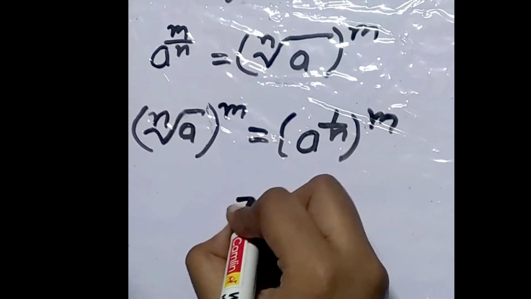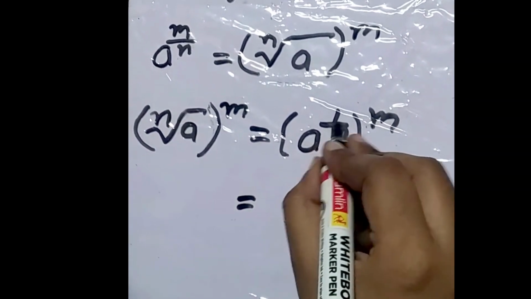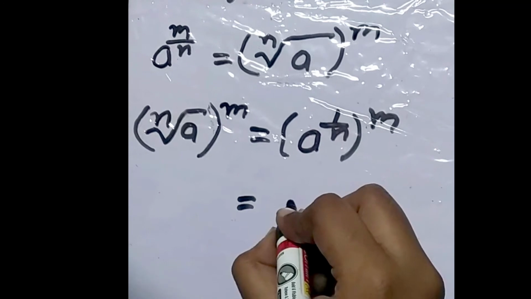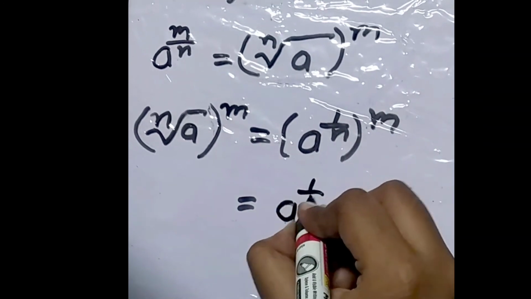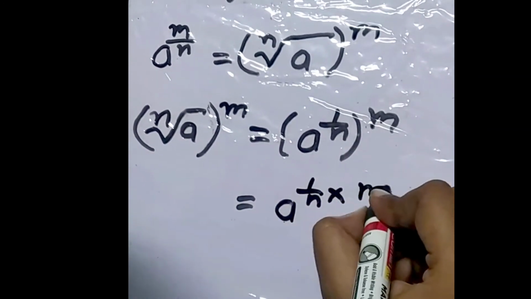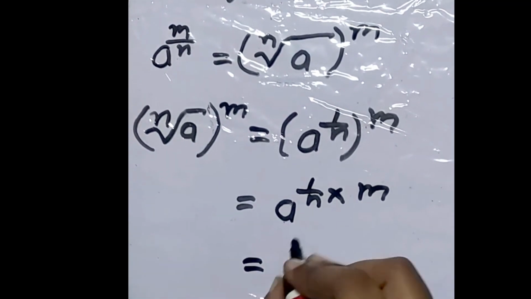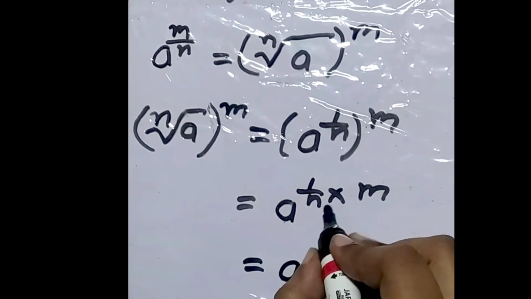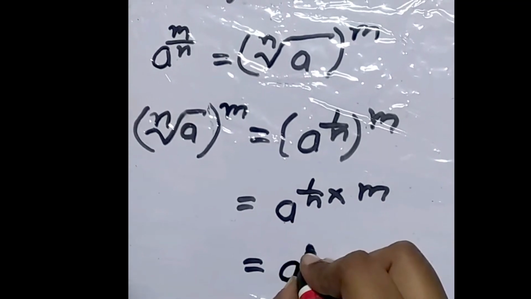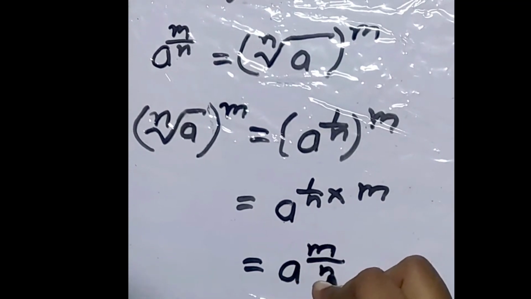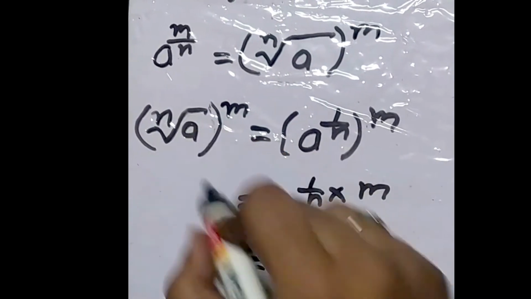Okay, so equal to, now these two you can multiply, right? So a raised to 1 by n into m, which is equal to 1 by n into m will be m by n. So see, this is how we got this rule.